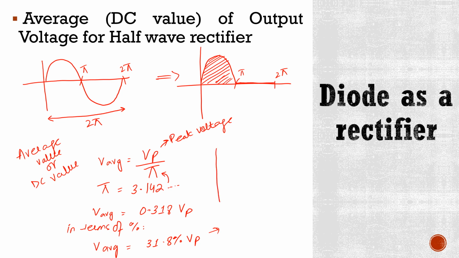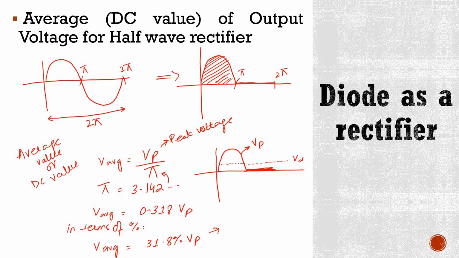It means if this is the peak voltage of a half wave rectifier, then its DC output or average output value will be here.